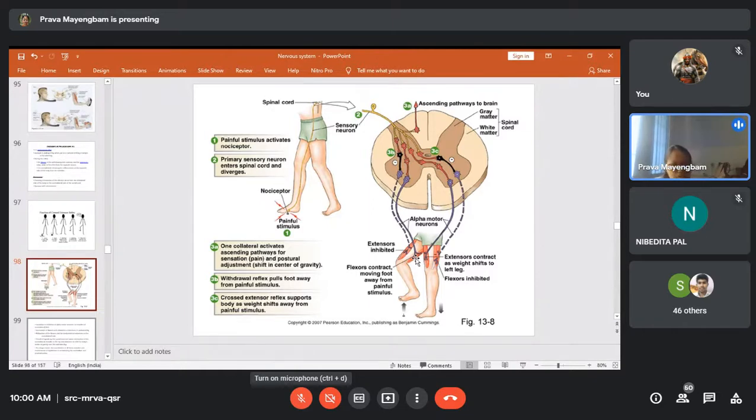Due to this, there is shifting of the center of gravity to the opposite leg, and this allows the extensor muscles to contract, which allows the extension of this leg. At this time the flexor group of muscles are inhibited, which will prevent the flexion of this leg. So this kind of reflex is called the cross-extensor reflex.